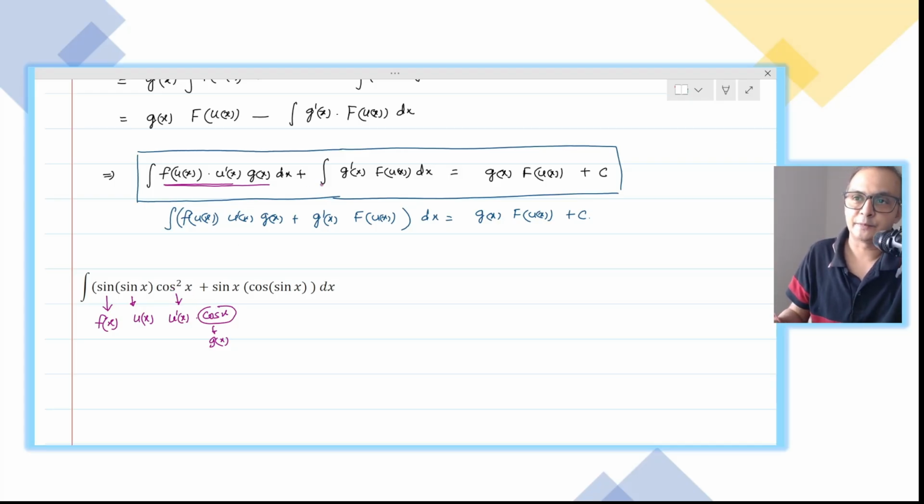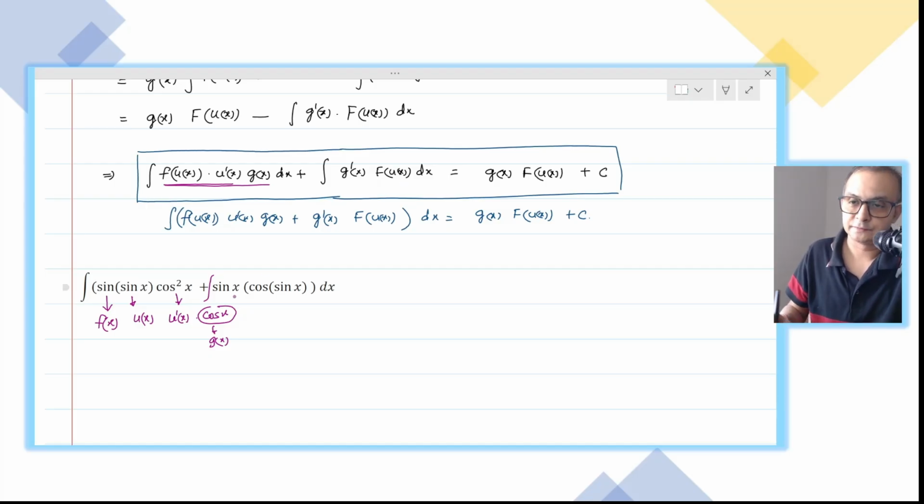It means I have to now observe the second half of this whole integrand, or maybe the second integral you can say. Like if I detach this thing like this, the second integral for this formula, or the second half of the integrand of this formula. And what does it say? I need the derivative of g(x) and the integral of the small f. Inside that I need u(x).